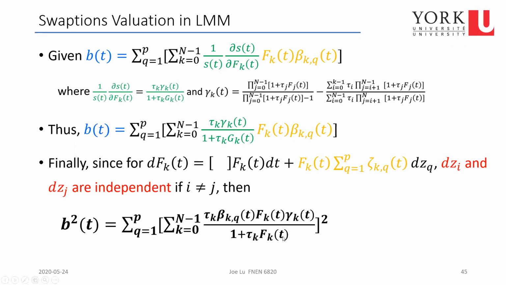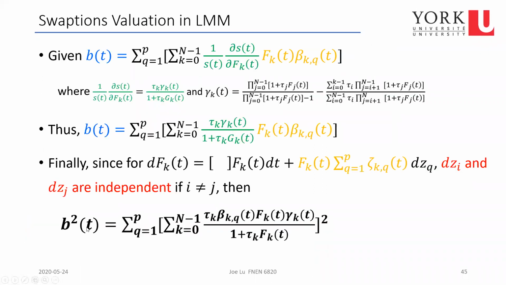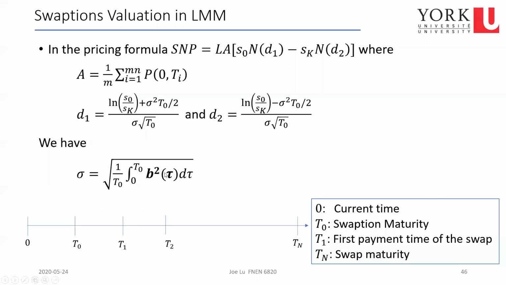Okay, let's see. Once you have this, you can substitute it back. So you have the B square for each of the time periods. Basically, at each of the simulated times you get a B square, and that's the B square tau here.